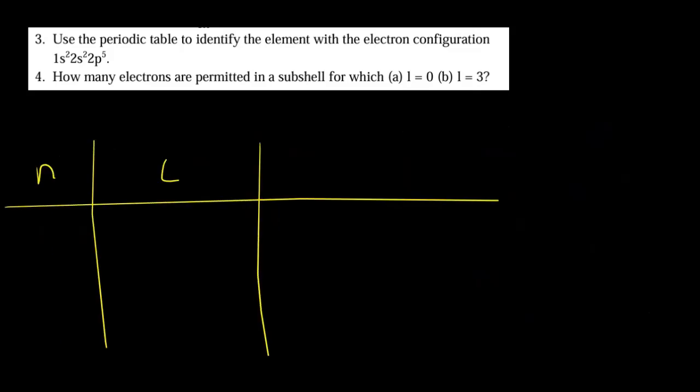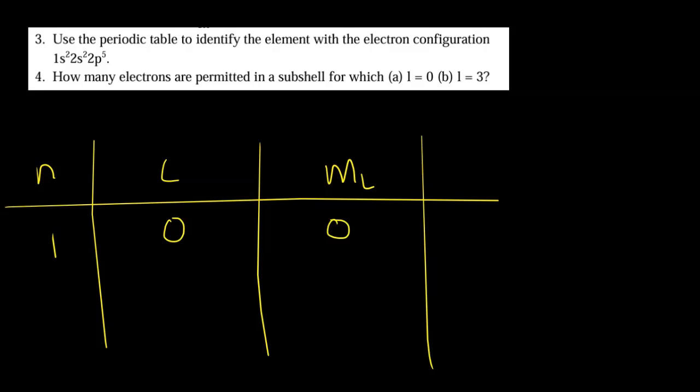I'll write a box here with n, then L, and then ML. Here we can even put the spin. So if my L is 0, then my principal quantum number was just 1, and the magnetic quantum number will just be 0.